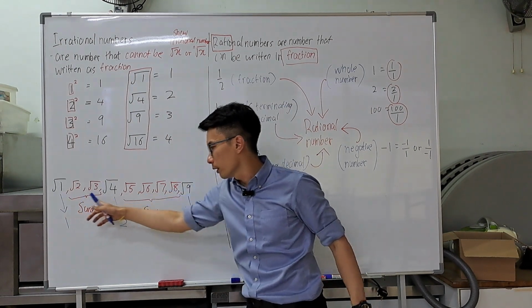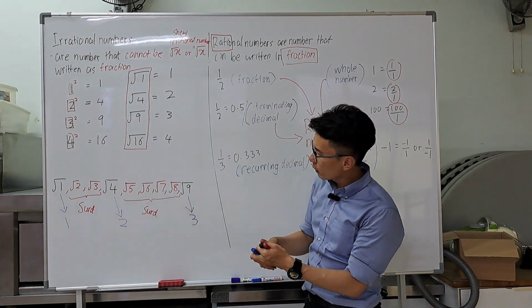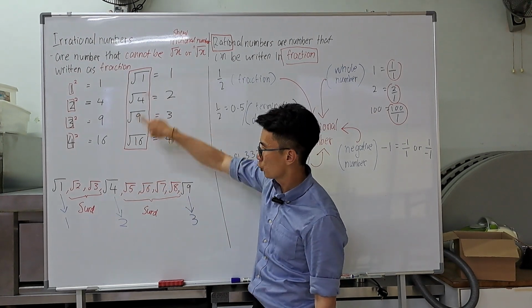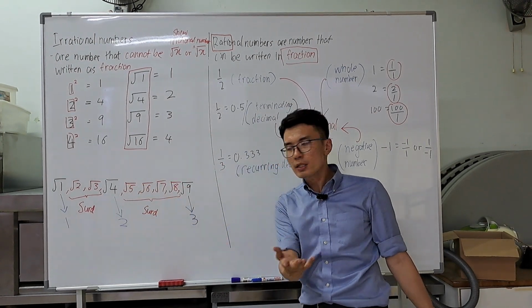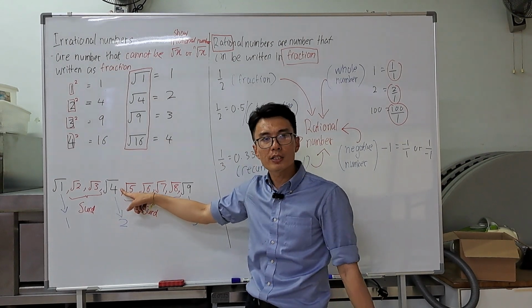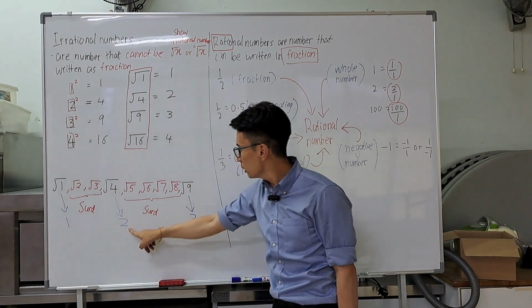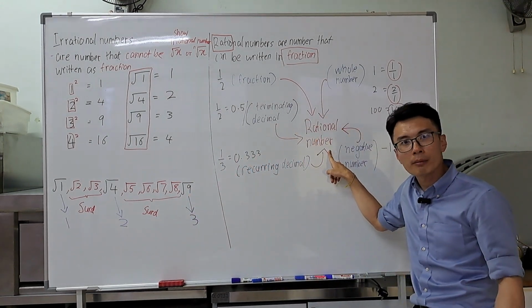Take a look at this number line again. For example, look at this, square root of 4. Based on this definition, it should be an irrational number. But the thing is, we can simplify this. If we can simplify it, it turns into a whole number, and this belongs to rational numbers.